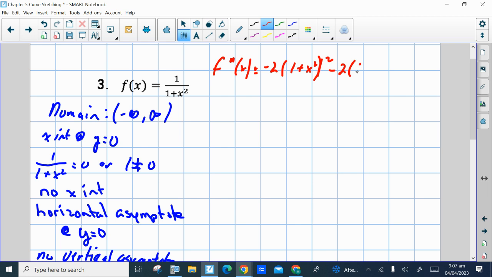The power rule first, times the derivative of what's inside, which is 2x, times the top, which is negative 2x, all over the bottom squared, which will be 1 plus x squared to the fourth.